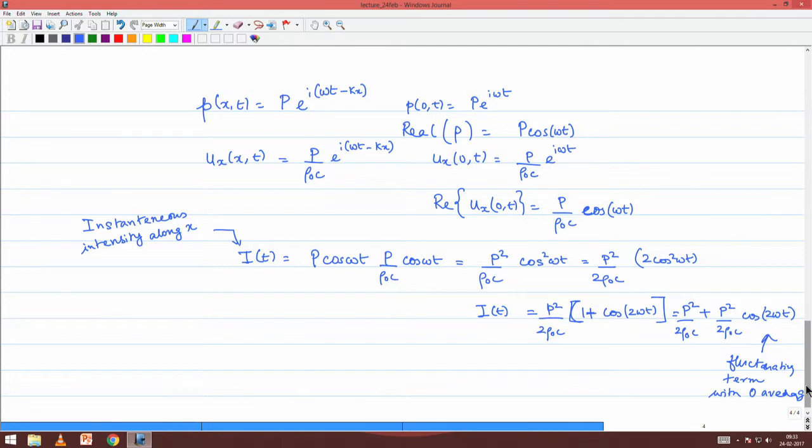Therefore, if you take the time averaged intensity, which we will denote with a bracket of this kind, that will be P squared by 2ρ0c. This is a very important result.